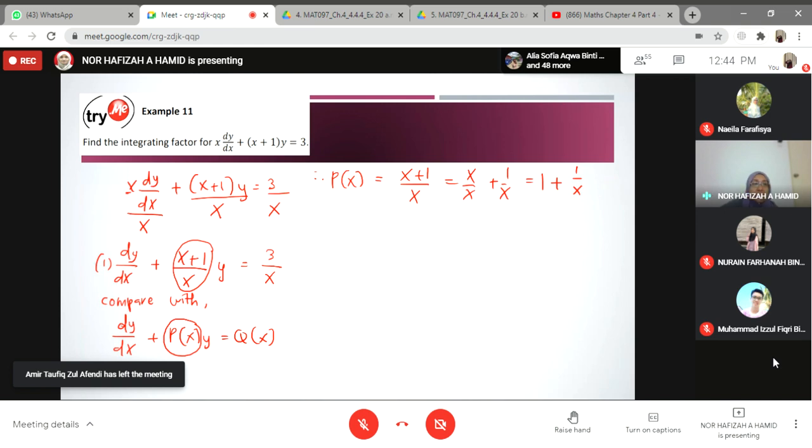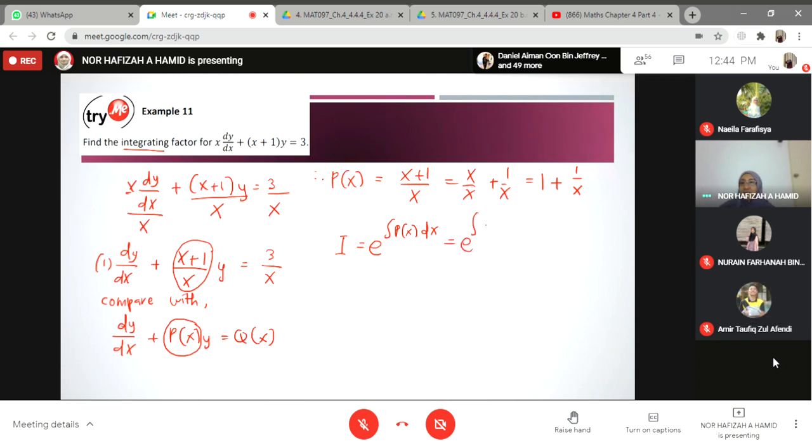Next, we can calculate the integrating factor. The integrating factor equals e to the power of the integral of px dx, which equals e to the power of the integral of 1 plus 1 over x dx. Integrating 1 gives x, plus ln x.